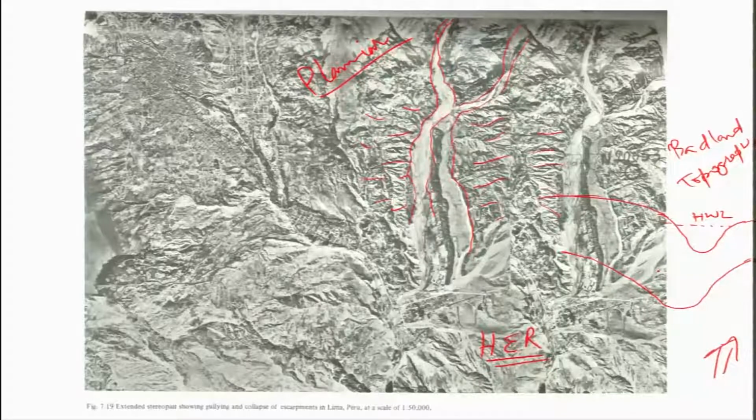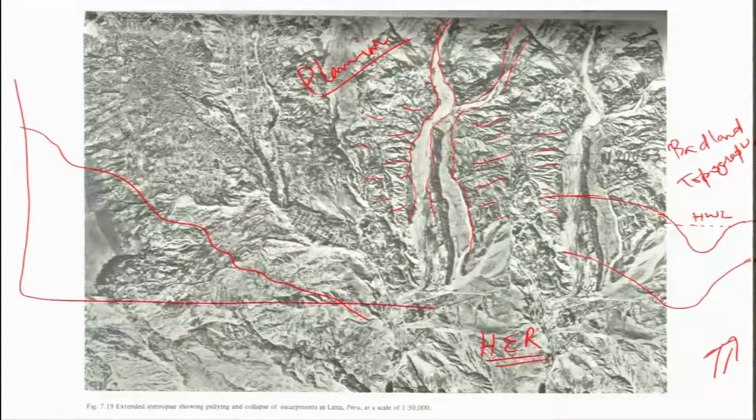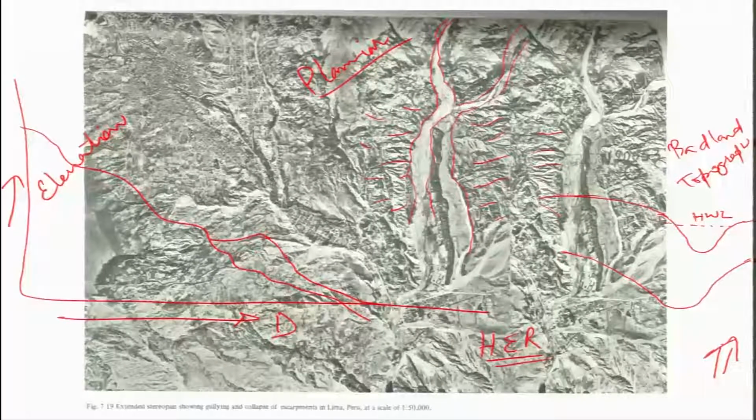A river is flowing from higher ground to lower ground, where this axis represents the distance and this axis represents the elevation. So what will happen if there is uplift in this region?